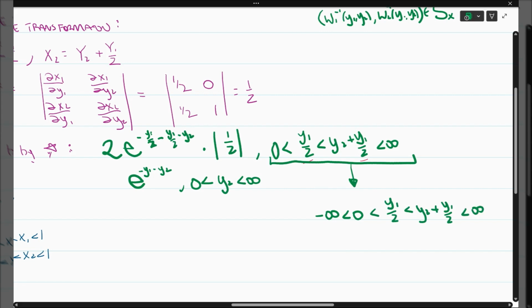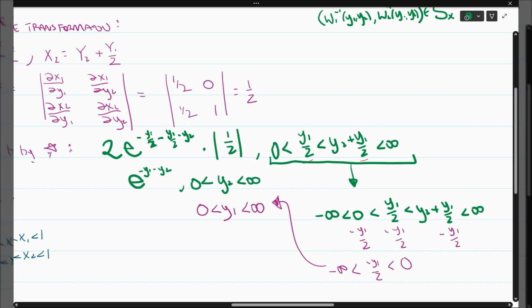So just to make it more explicit, when we subtract that y1 over 2, of course the infinities won't be moved by it, but this ends up giving us 0 less than y1 over 2 less than infinity, and negative infinity, which will lead directly to this other part of the inequality.